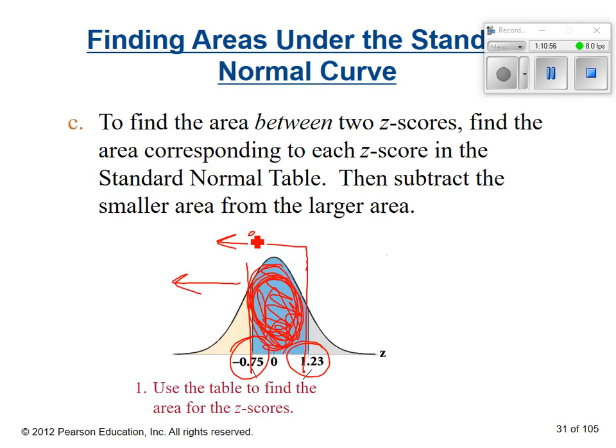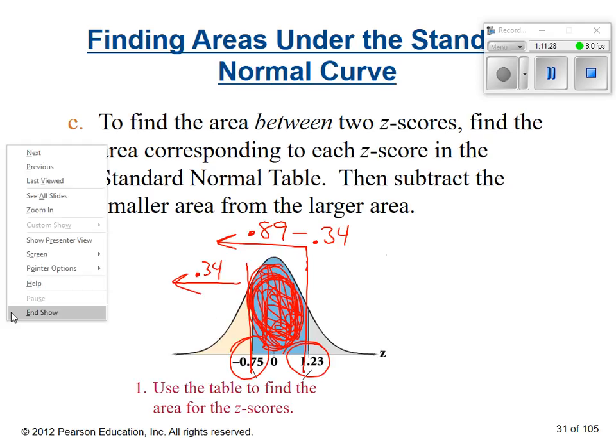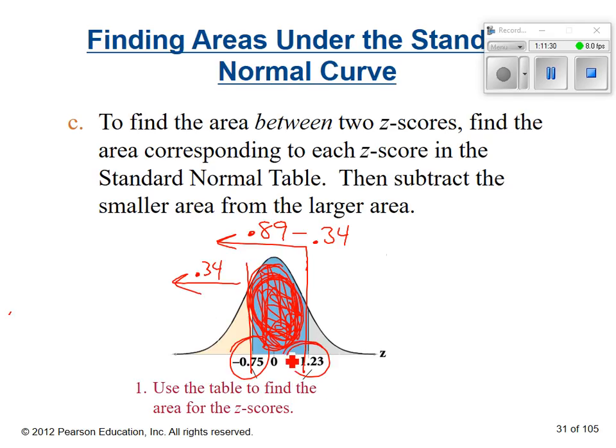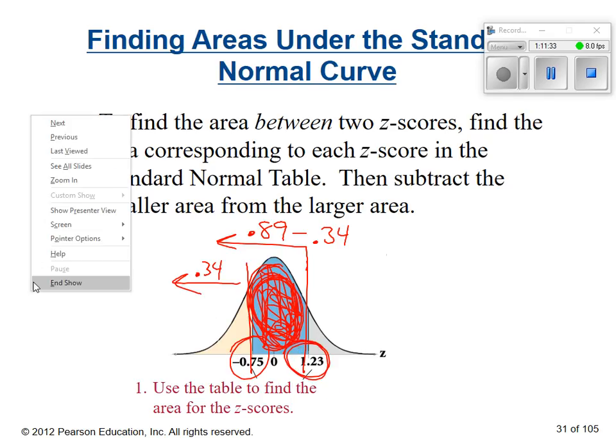If this area is 0.89 and this area from here down is 0.34, what would you do with that to get this blue area? Just subtract them from each other to get the blue area here. That's if you're using the chart. If you're using the calculator, you can just put this in as your low limit, that in as your high limit, and it gives you the answer.